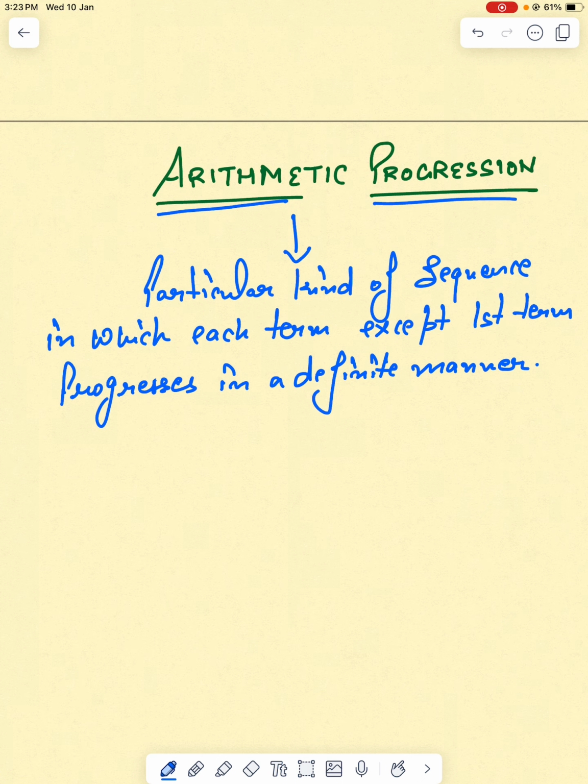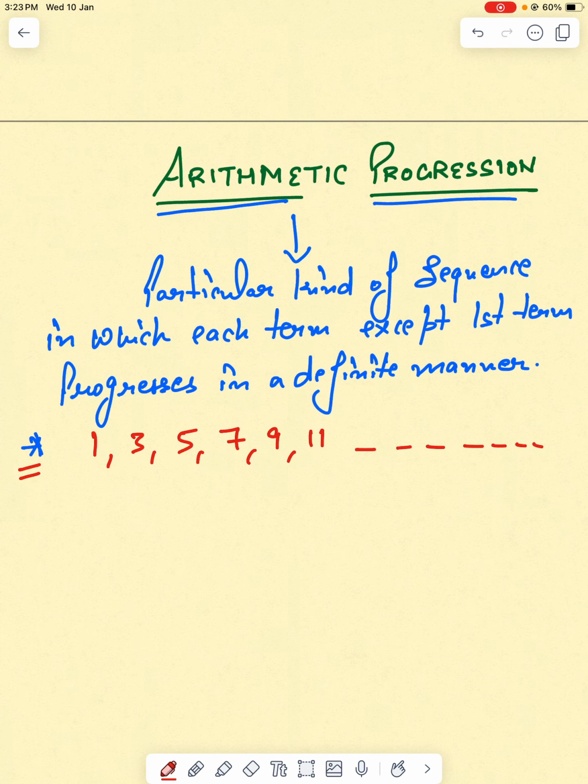For example, I'm giving one example of an AP from which we will generalize its definition. Like this: 1, 3, 5, 7, 9, 11. What is this? It's a sequence of odd natural numbers arranged in ascending order.